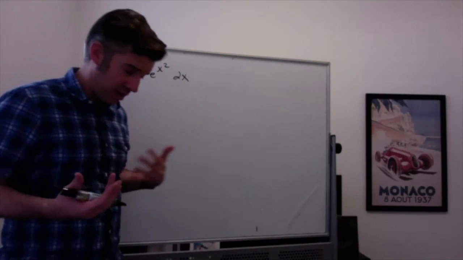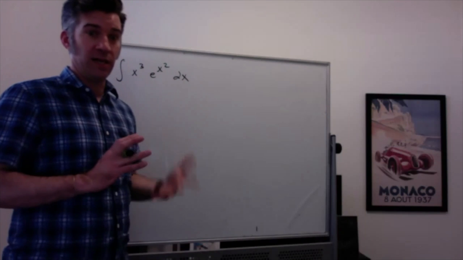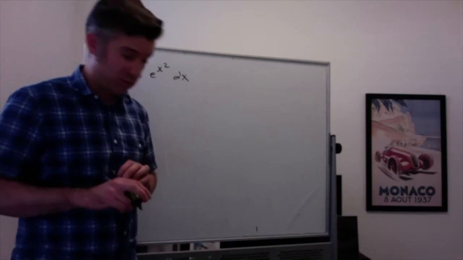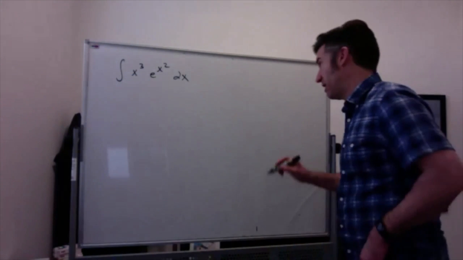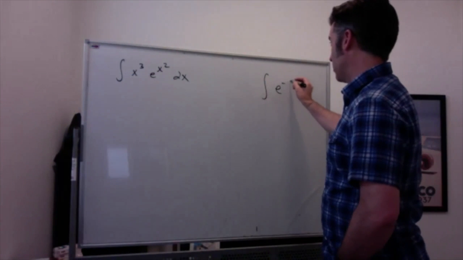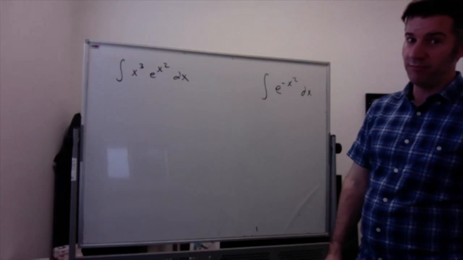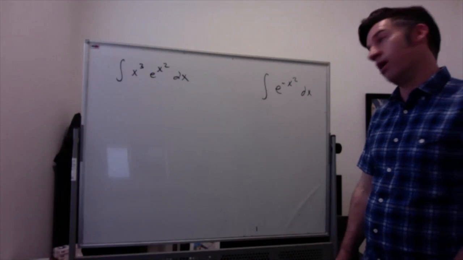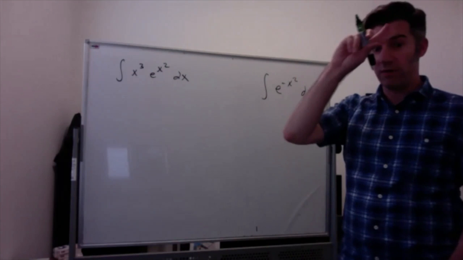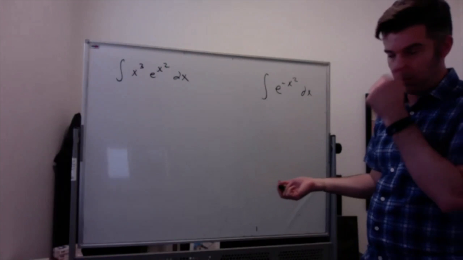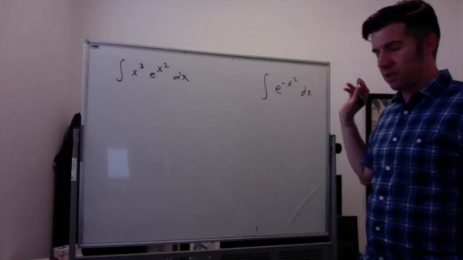There are definitely computer programs that can integrate a definite integral of e to the x squared, and it's actually a super important integral, right? If you've ever taken a stats class, you've definitely looked at the integral of e to the negative x squared dx. That's your z table, where the area under this curve is just the z value for whatever you're looking at.